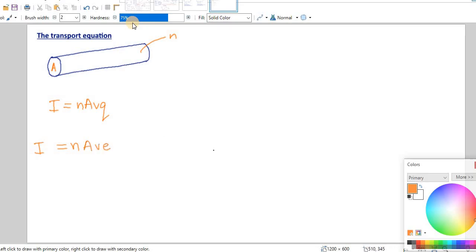Now we will also write what these quantities are. I is the current. A is the area of cross section of the wire, of the conductor. I have also labeled it there.